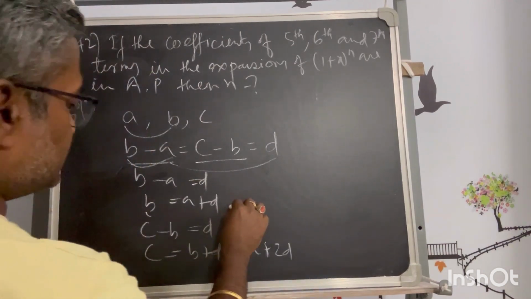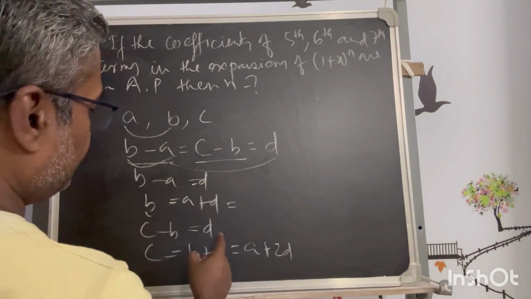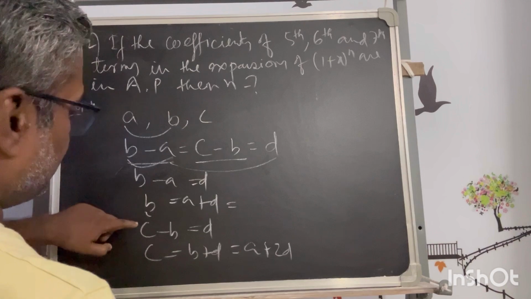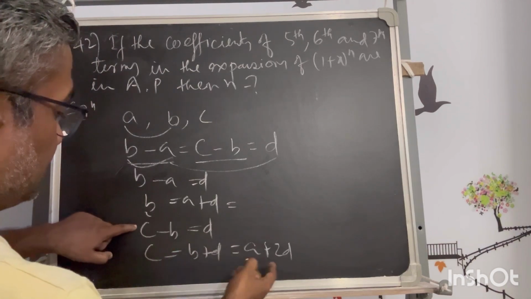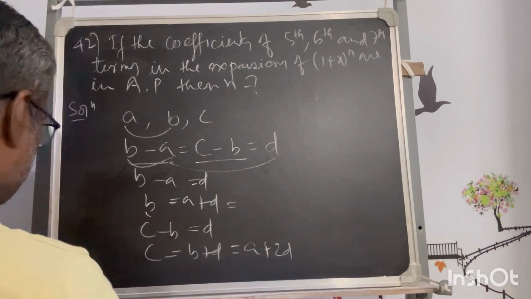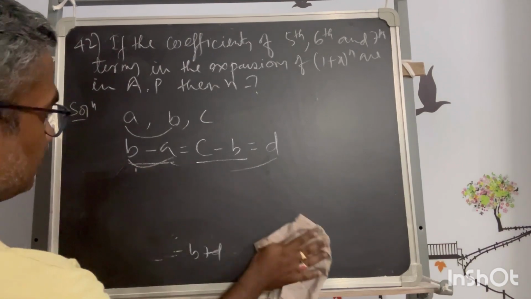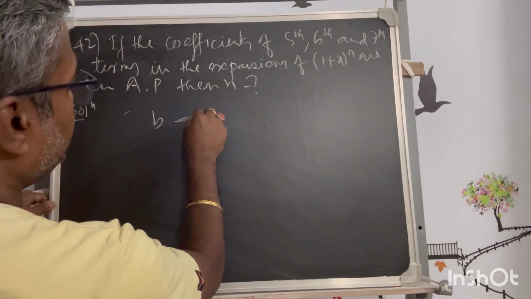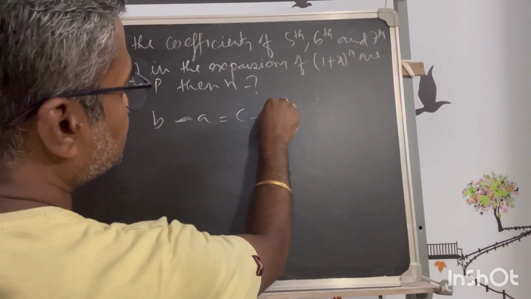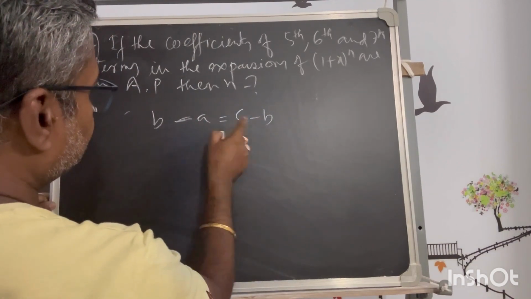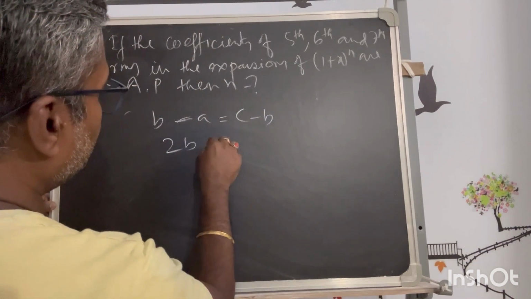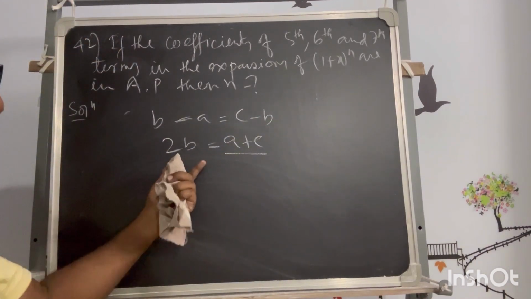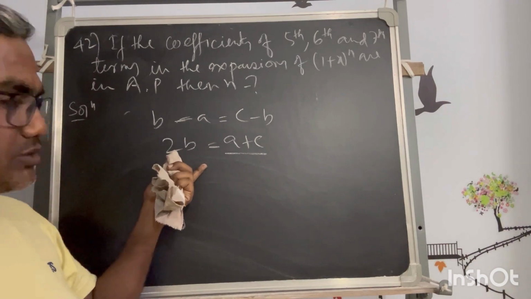The other way of representing this: as B minus A is equal to C minus B, if I bring B together, the two extreme terms added give twice the middle term. So this is one way of representing it.